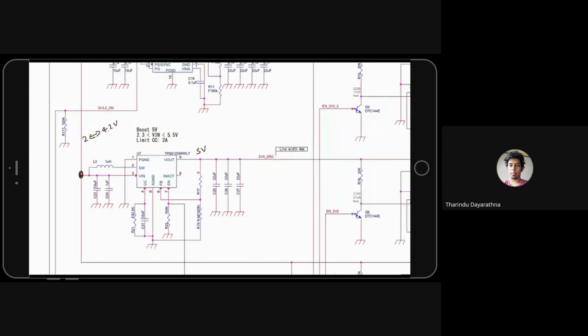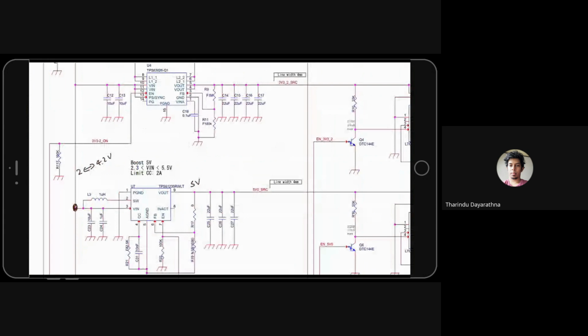Again, you can see here input filtering and output filtering. We use 22 uF capacitors, but here only 3 because it's the datasheet suggestion.